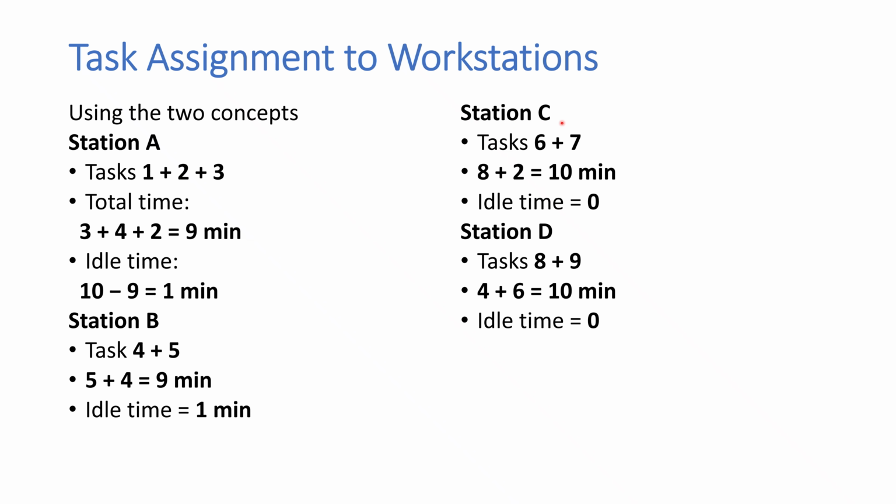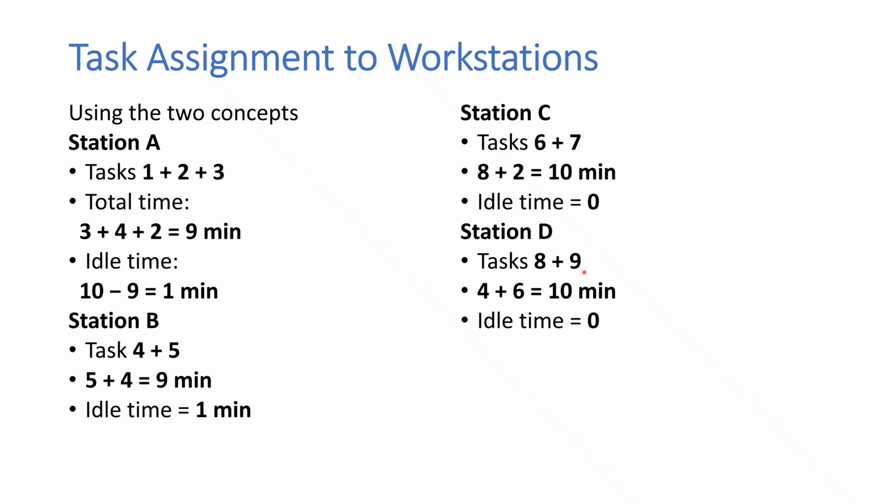Then station C, we have combined 6 and 7, and the timings are 8 and 2. So 8 plus 2 is 10 minutes. Here idle time is 0 because the constraint here is cycle time of 10 minutes. So 10 minus 10 is 0.